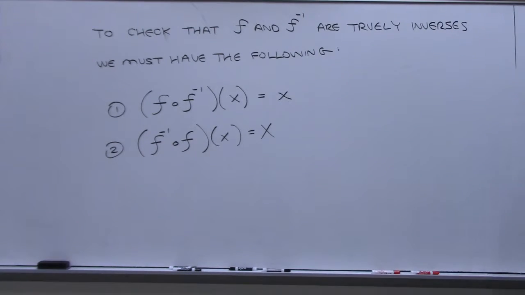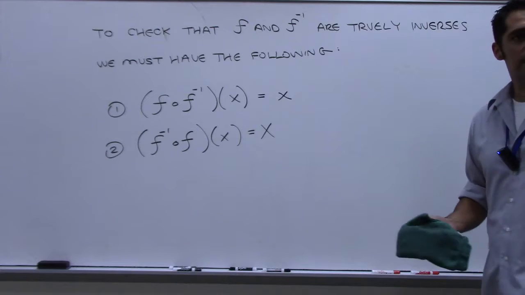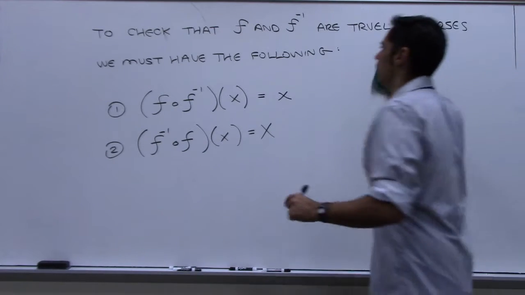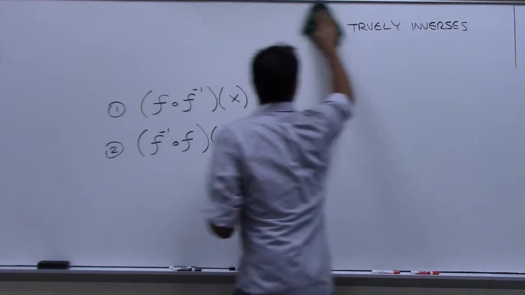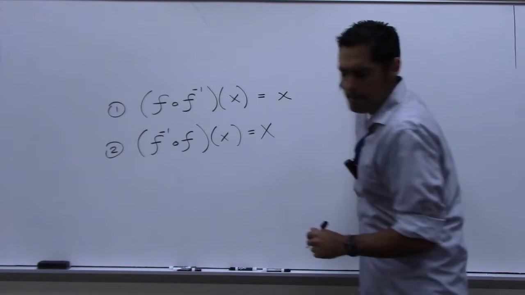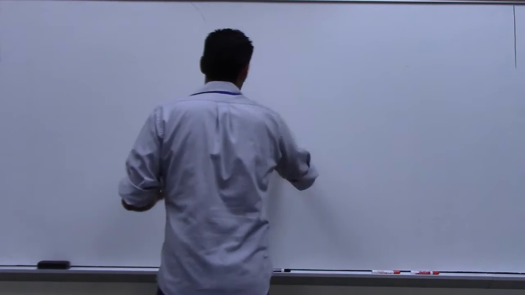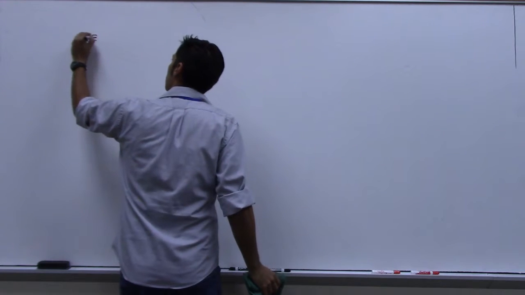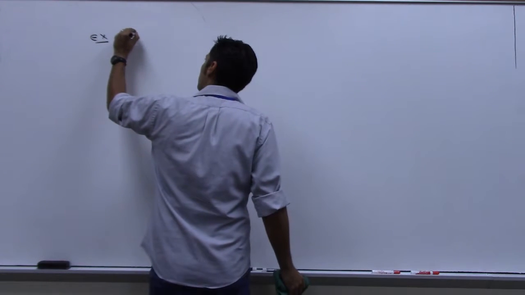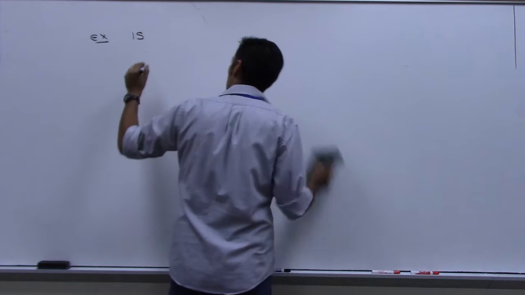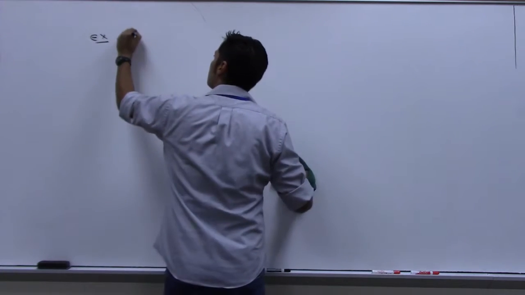How about the one that I gave you earlier? It was 2x plus 1. The other one was x minus 1 over 2. Let's check that those were inverses. So as an example here, are these inverses?